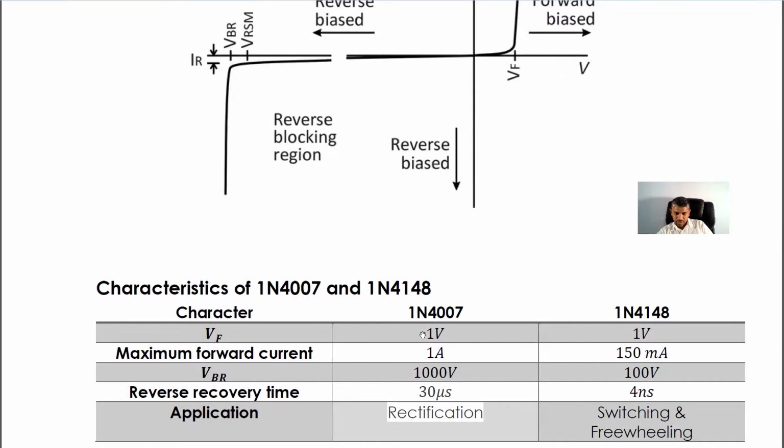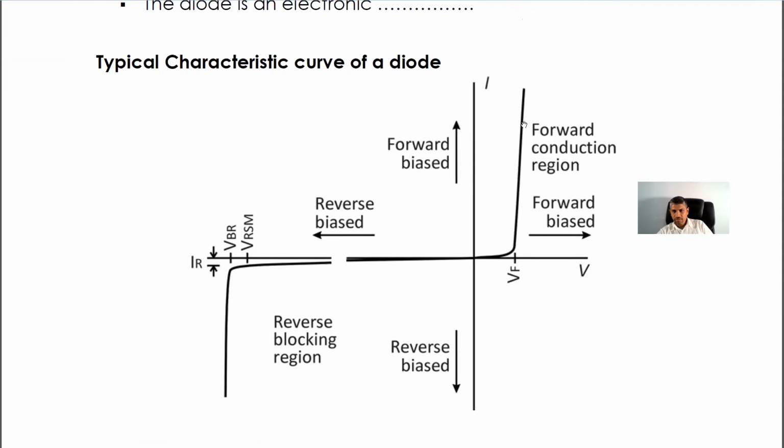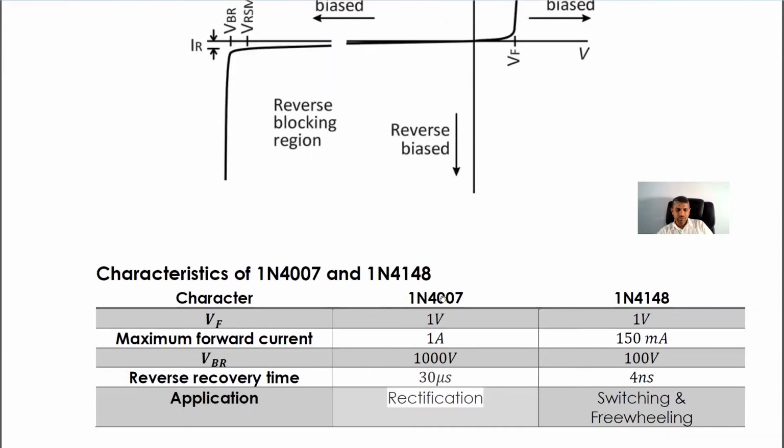The 1N4007 can be used for 1 ampere of maximum forward current. You see, when it is forward bias, there's a maximum current that you can send. You can't send 5 ampere, 10 ampere. So the 4007 has 1 ampere current. There are some other diodes where you can send more than one.